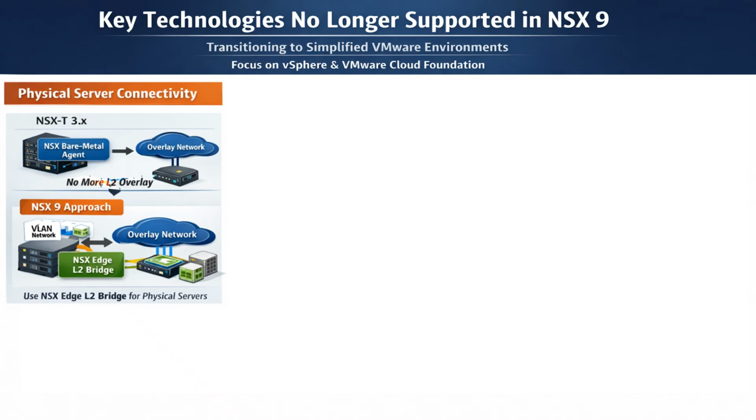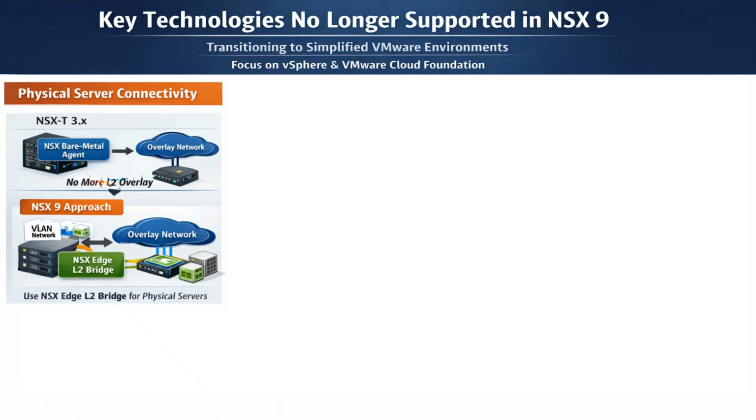So if we previously used bare metal transport nodes in NSX-T 3.x, we must redesign our architecture to use Edge L2 bridging before upgrading to NSX 9.